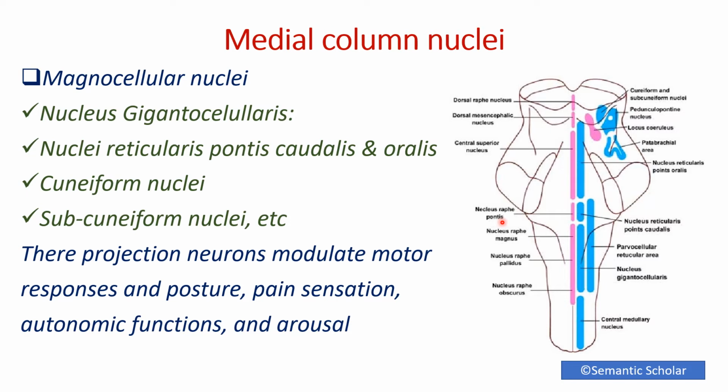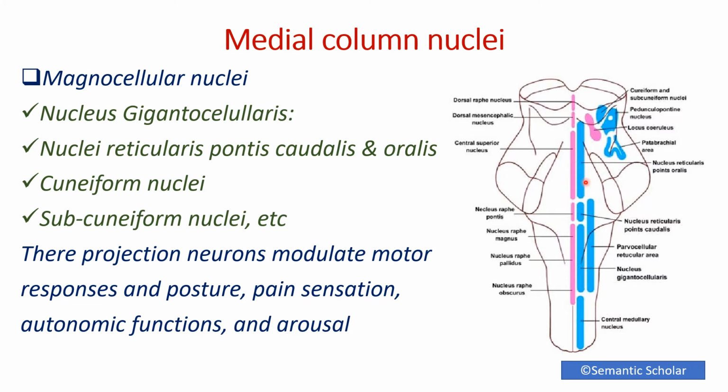Here are the medial column nuclei. They lie medial to the median column of nuclei, and they consist of the larger nuclei, and so they are called magnocellular nuclei. The important ones are nucleus gigantocellularis, nucleus reticularis pontis caudalis and oralis, cuneiform nuclei and subcuneiform nuclei.